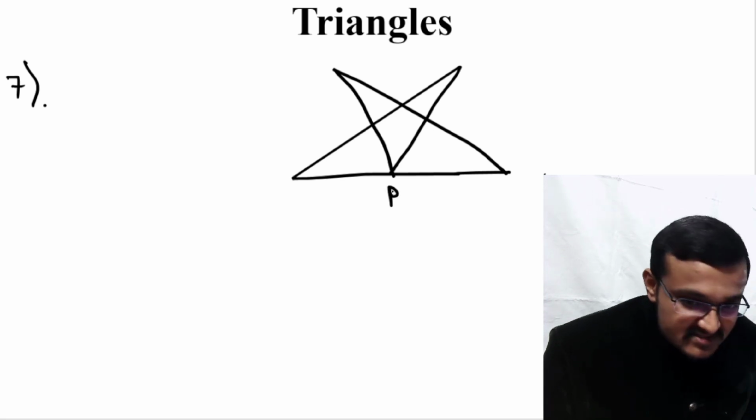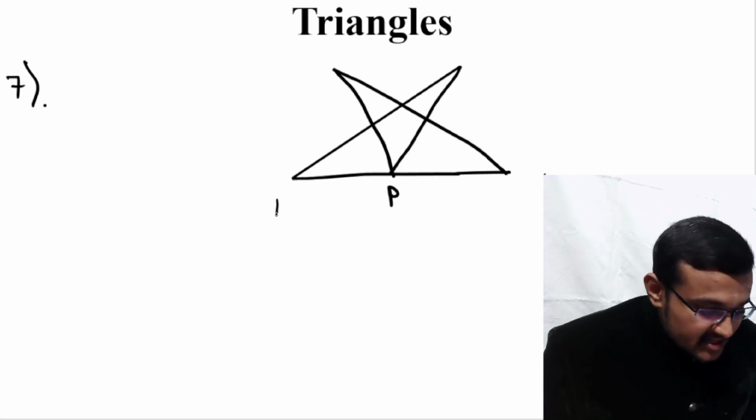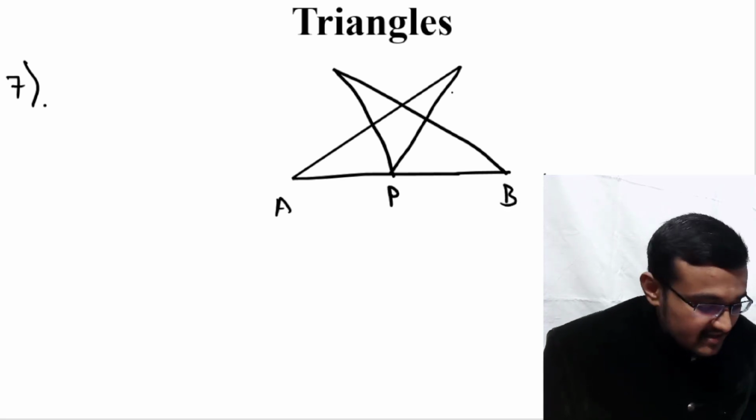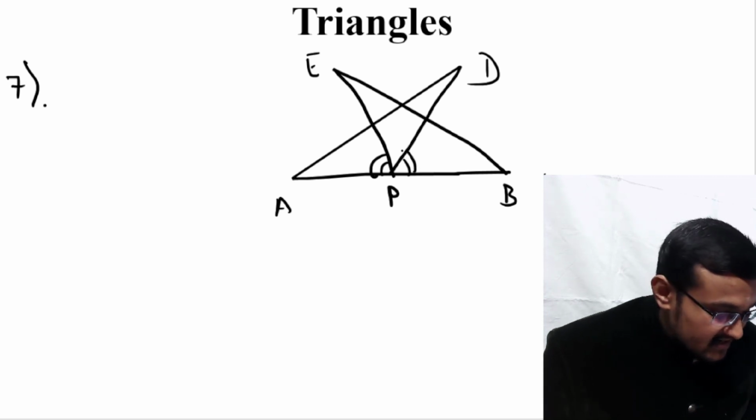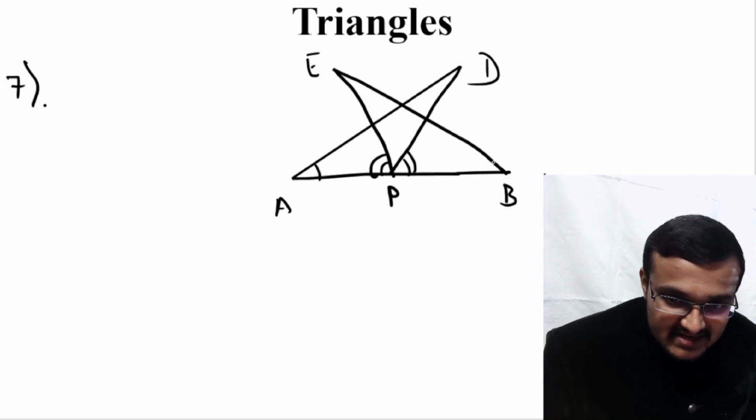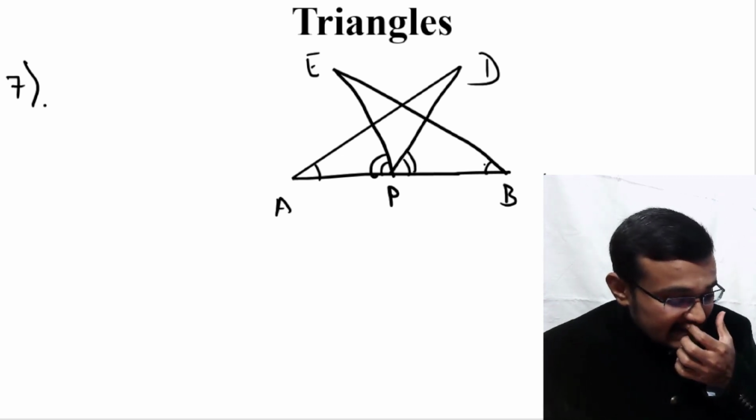Here this point is P, this point is A, B, this is D, and this is E. Here this particular angle is equal to this particular angle, this particular angle is equal to this particular angle.